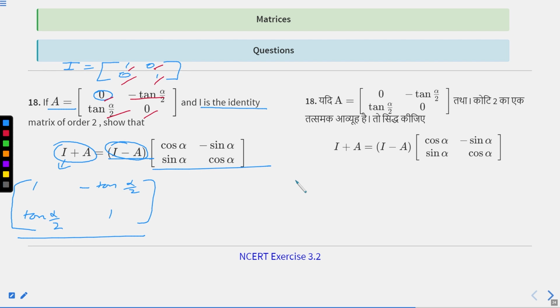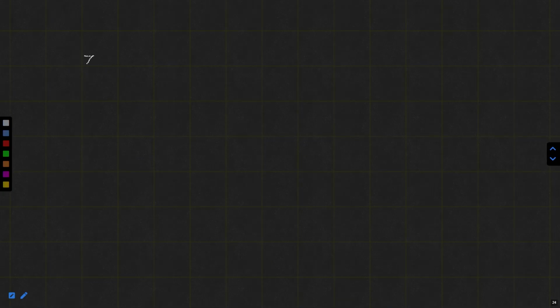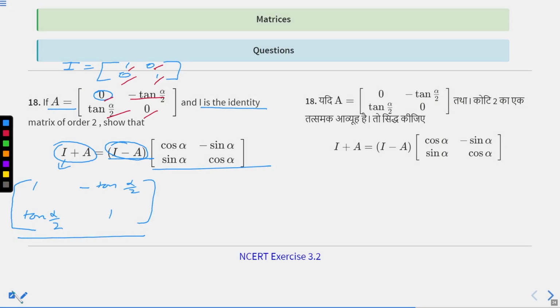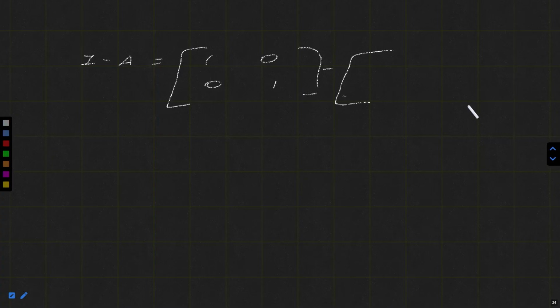So I minus A will be 1 0 0 1, and the minus sign will be here, and A is 0 minus tan alpha by 2, tan alpha by 2, 0.